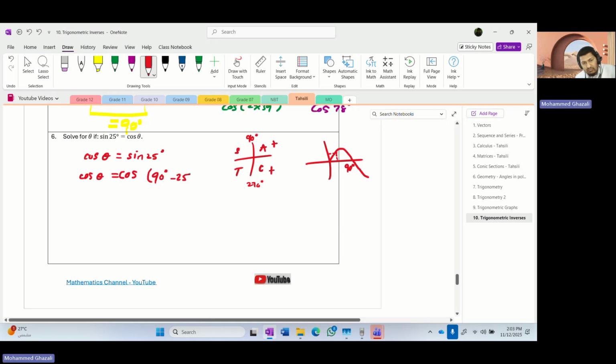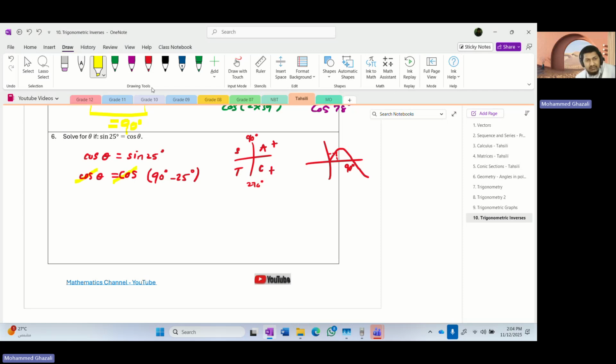Now we're going to drop the cos on both sides because we're looking at the quadrant 1 solution. So theta is equal to 90 minus 25, which is 65 degrees, plus 360k, where k is an integer. Or cos is also positive in the fourth quadrant.